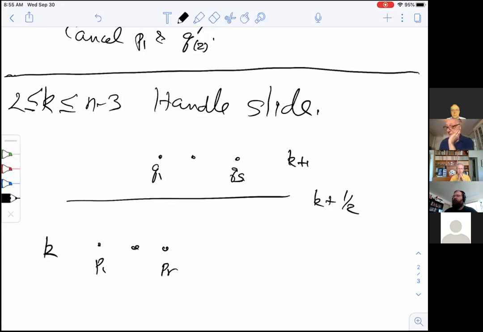And I have the boundary map from the free abelian group generated by the Q's to the free abelian group generated by the P's. That's the boundary map in the chain complex, which, because there are no critical points of index K minus 1, the chain complex looks like this. And the boundary map, because there's no homology, this being an h-cobordism, is surjective.